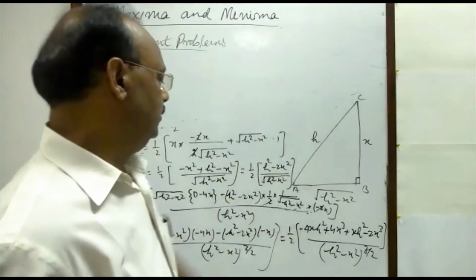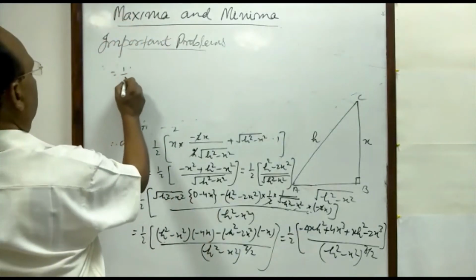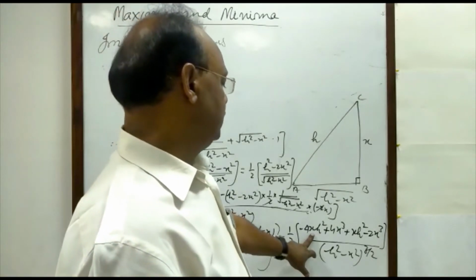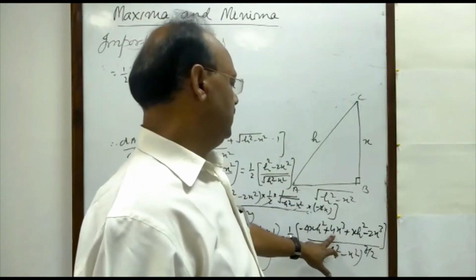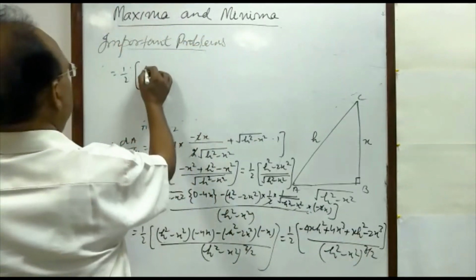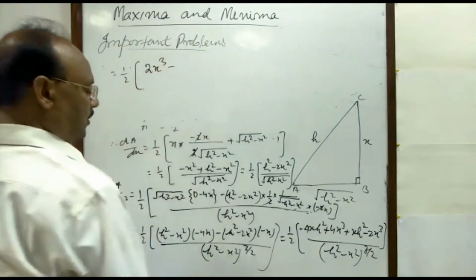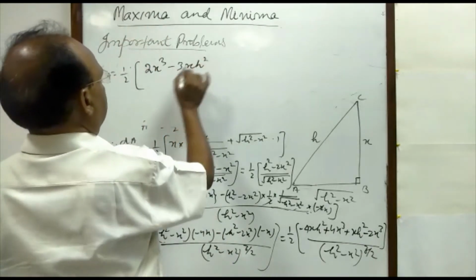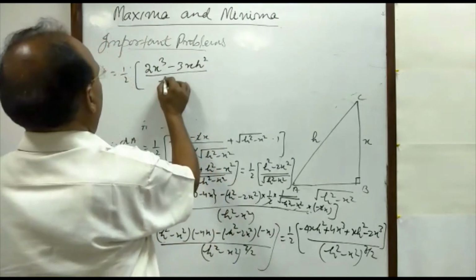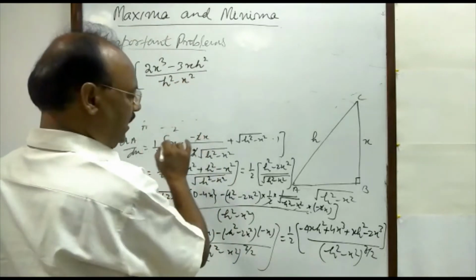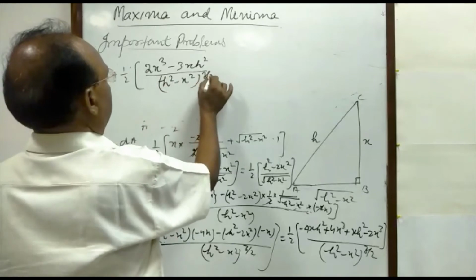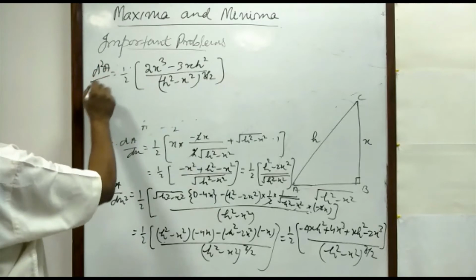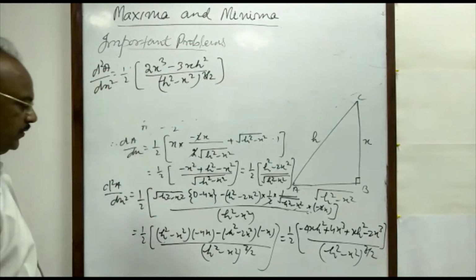So this becomes half of 2x cube minus 3x h square upon h square minus x square whole to the power 3 by 2. This is the second order derivative, d2A upon dx square.